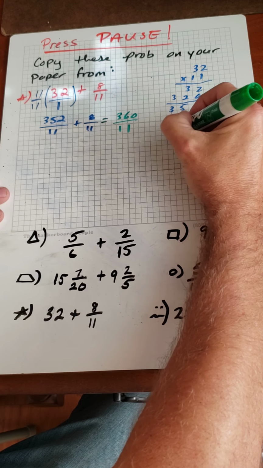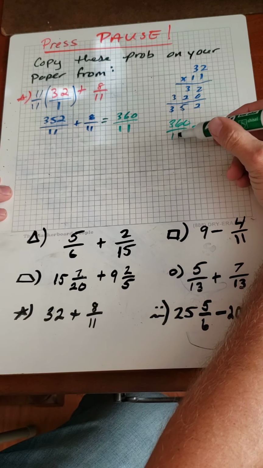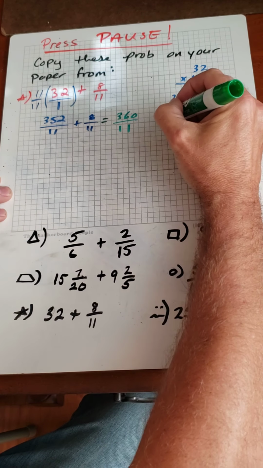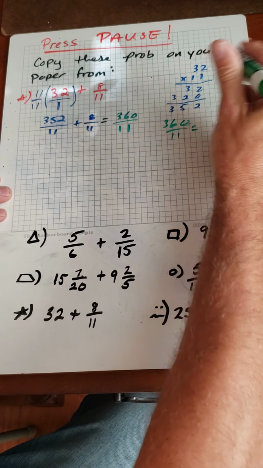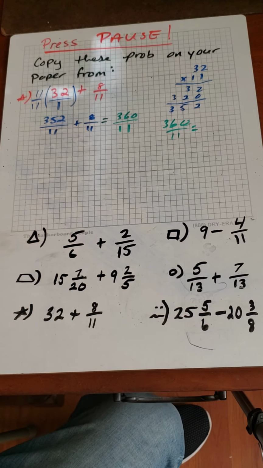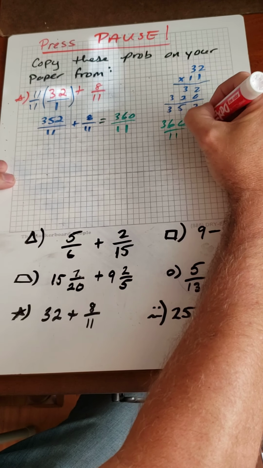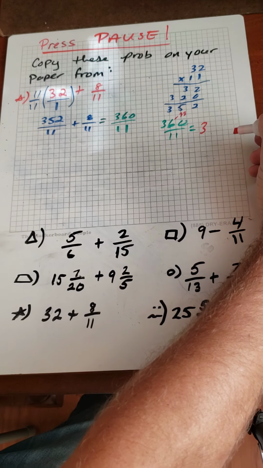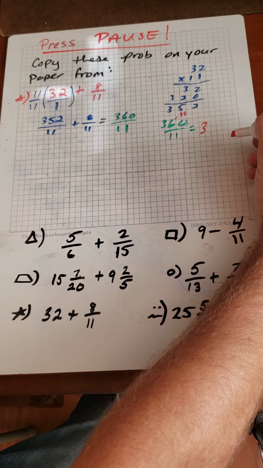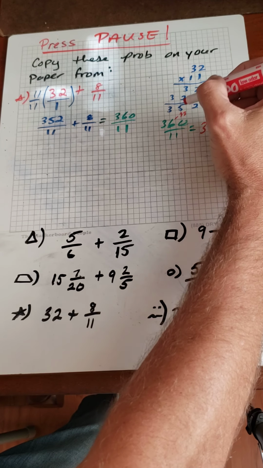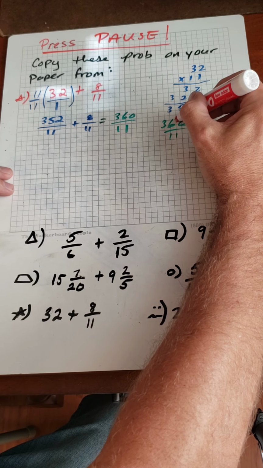360 over 11. And so I know that 11 will go into 36 3 times. And 3 times 11 is 33. And 36 minus 33 gives me 3.